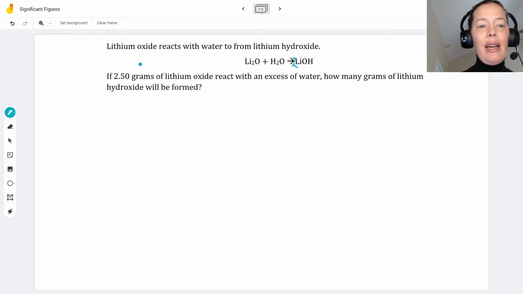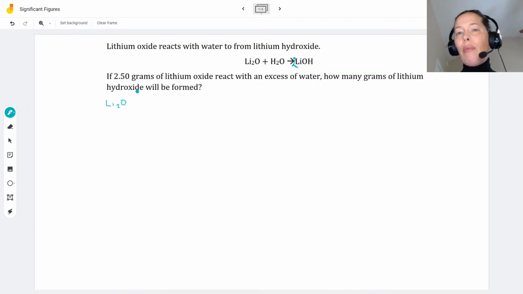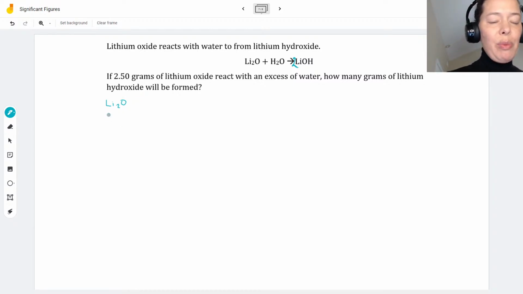And because I'm given grams here, I've got to convert to moles. And because I want grams of lithium hydroxide, I'm going to go ahead and get the molar mass of both of those molecules. Okay, so lithium oxide. Again, I'm using my periodic table, my molar masses, which may have a different number of decimal places.